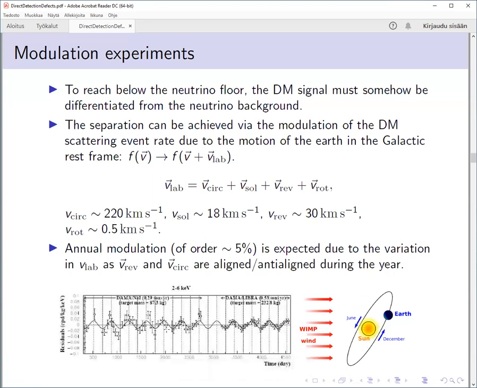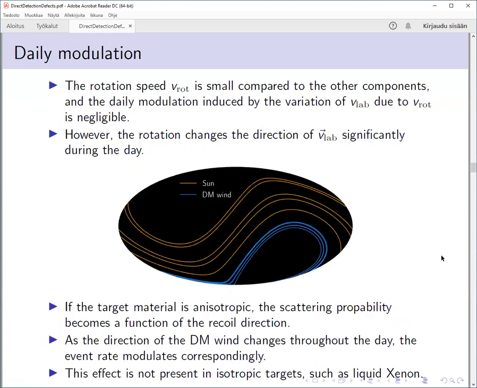So this is currently kind of a puzzling situation, but we would like to have more experiments observing this until we can clarify this situation. Anyway, this annual modulation is one idea that has been around for a while. Now, another idea is to use the daily motion that, of course, comes from the rotation of the Earth around its axis.